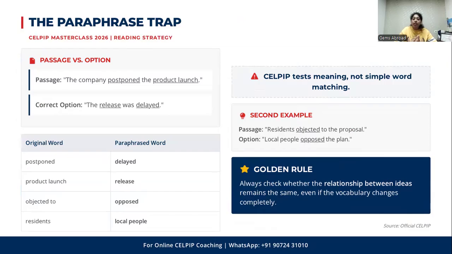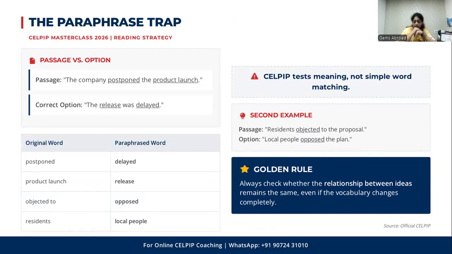Now, the paraphrase trap. This is one of the most important reading concepts. The CELPIP test measures meaning, not simple word matching. Look at this example. The passage says, the company postponed the product launch, and the answer may say, the release was delayed.